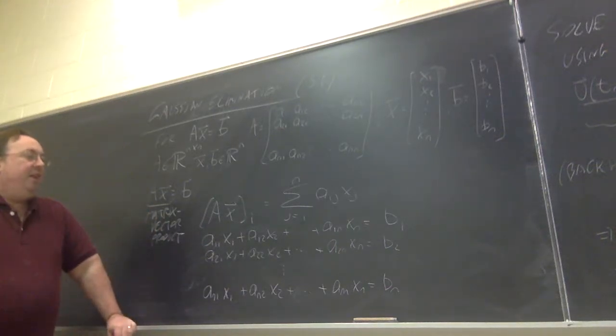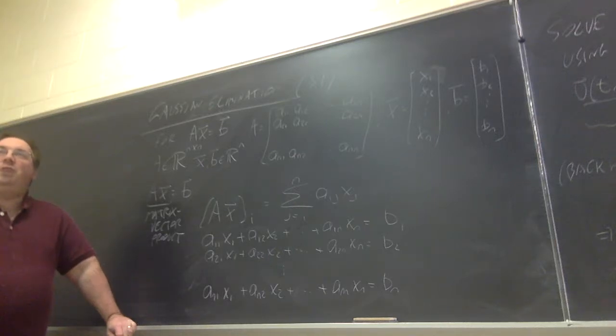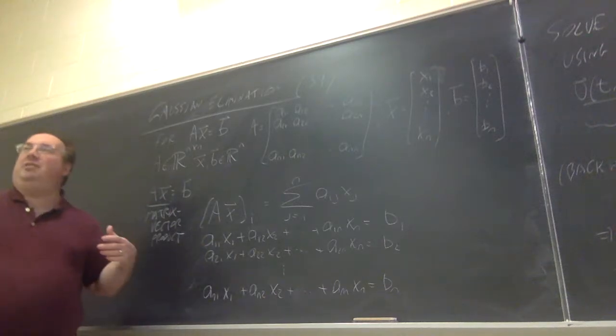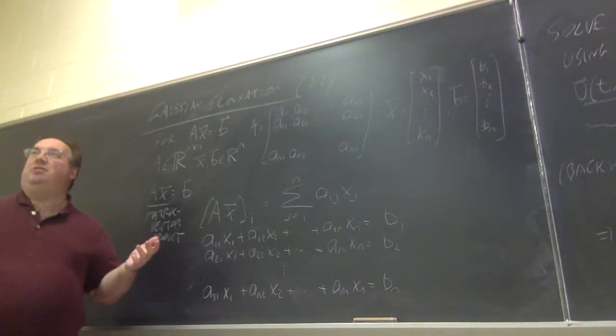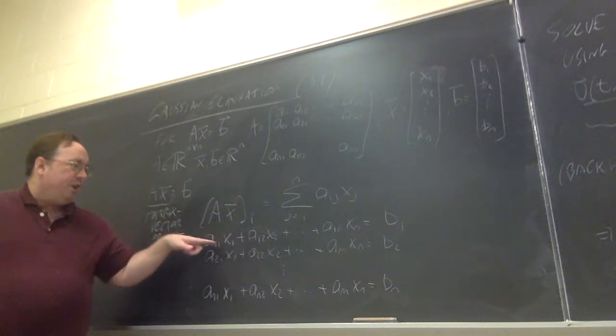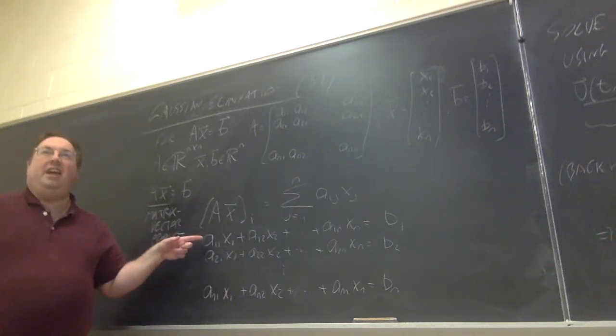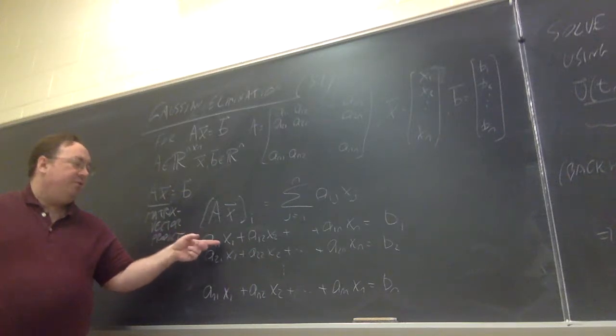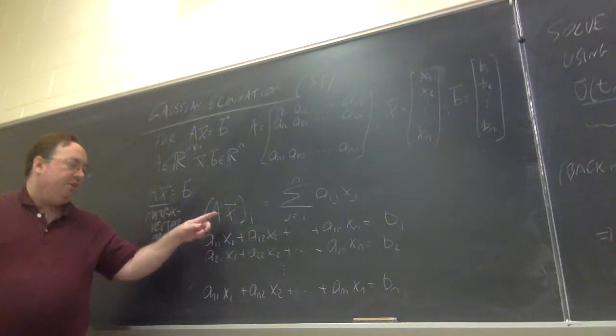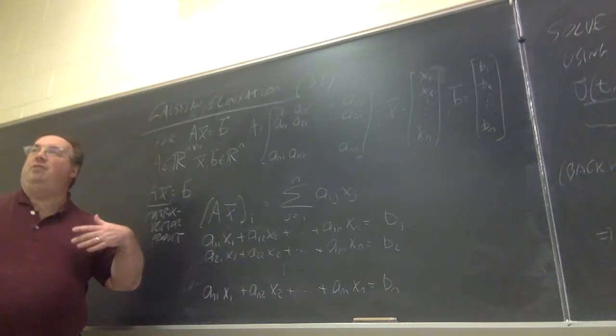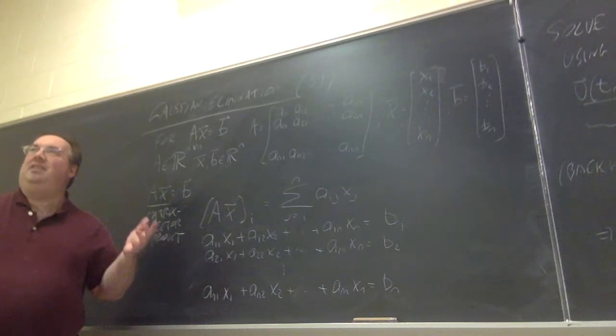So, when you're first learning about systems of equations, like many years ago when you maybe had just two equations to solve, you carried out this process of elimination and substitution. For example, I could take this equation, rearrange it, and solve for x1. And then I could substitute that expression for x1 into the other equations, and therefore eliminate x1.